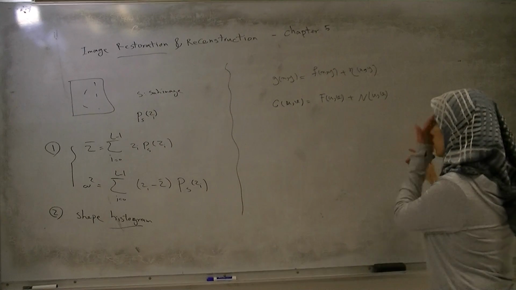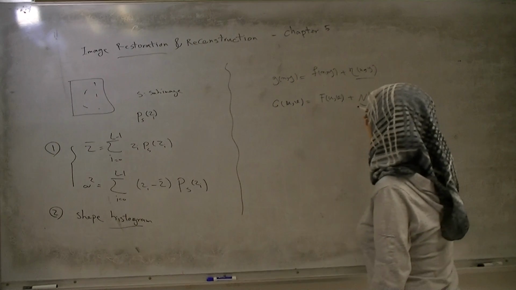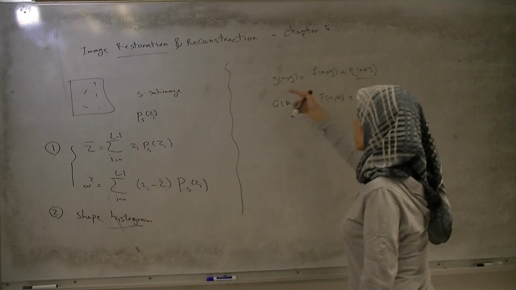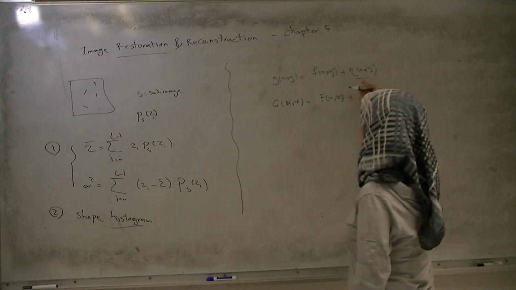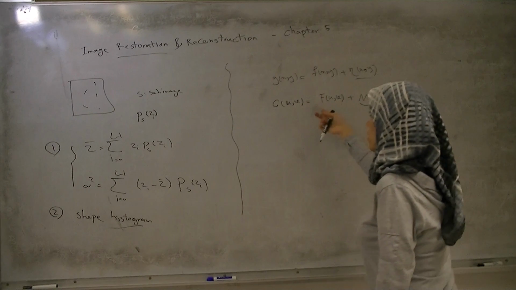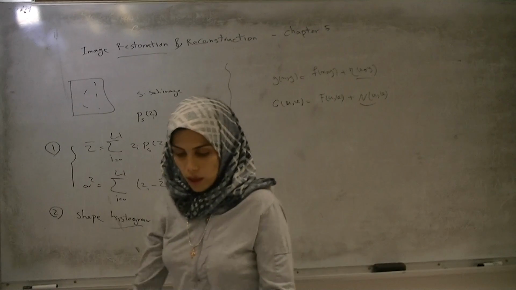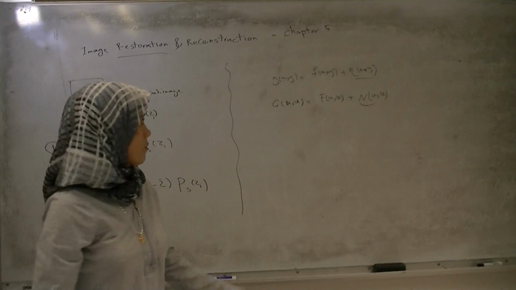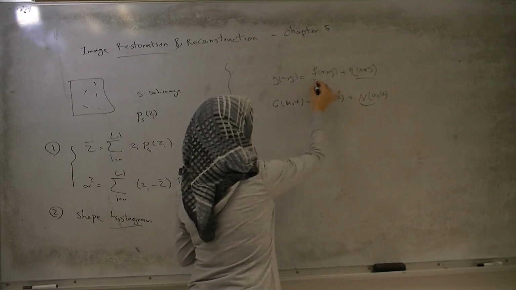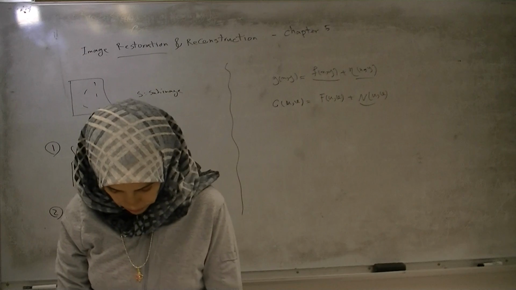Because we don't know exactly these terms, we cannot easily just subtract the eta from g and find the f(x,y), or the capital F, and it's not realistic. So we should find another way to find an image that is similar to the f(x,y).